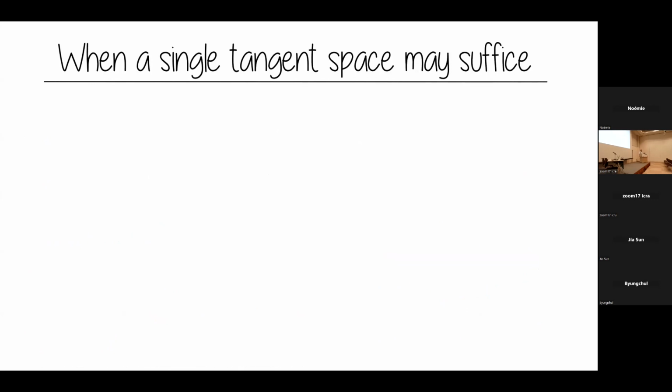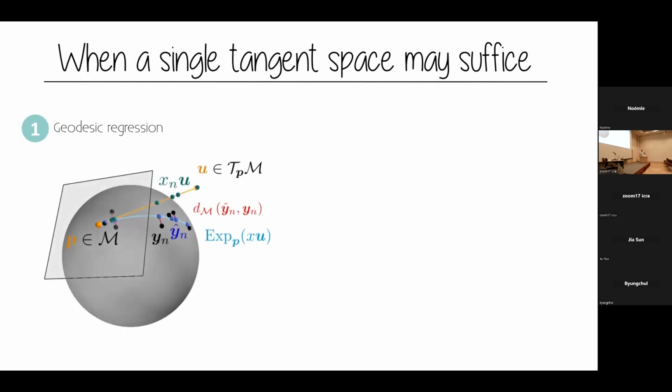Then, is there any application or problem where a single tangent space might suffice? This connects with some of the fallacies that we didn't cover here, and it is the fact that when we formulate geodesic regression, a geodesic, as Noemi explained in the morning, is defined by a point on the manifold and a velocity, which lives on the tangent space.